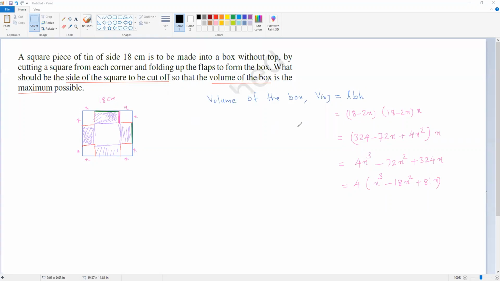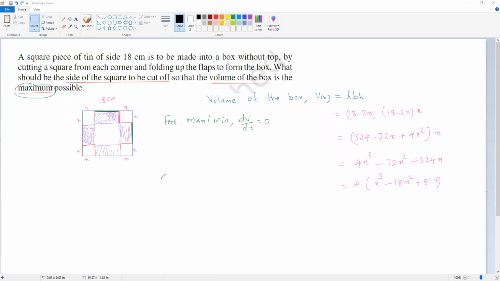अभी ये वॉल्यूम मैक्सिमम, वॉल्यूम ऑफ द बॉक्स इज मैक्सिमम, वॉल्यूम मैक्सिमम होना चाहिए. सो फॉर मैक्सिमा और मिनिमा derivative dv by dx should be 0, because maximum or minimum exist only at the critical points.